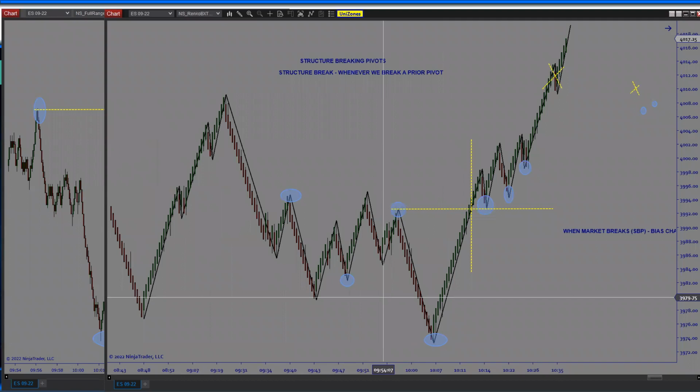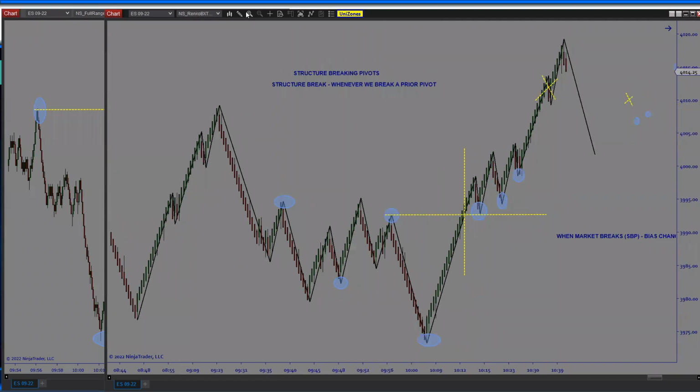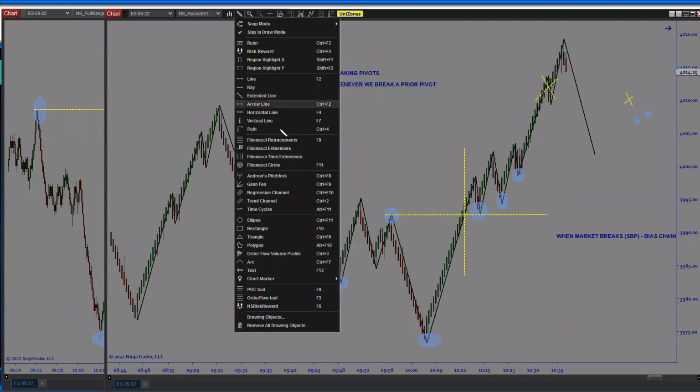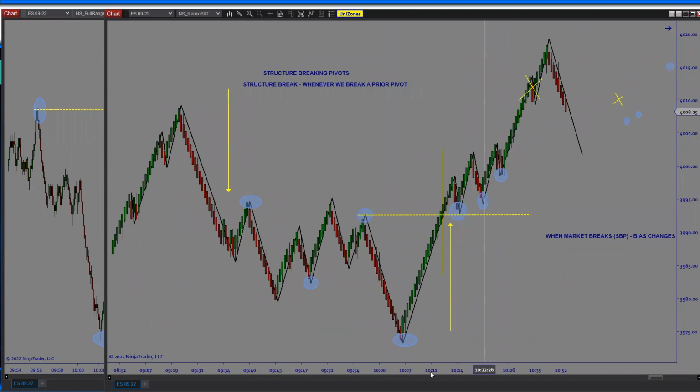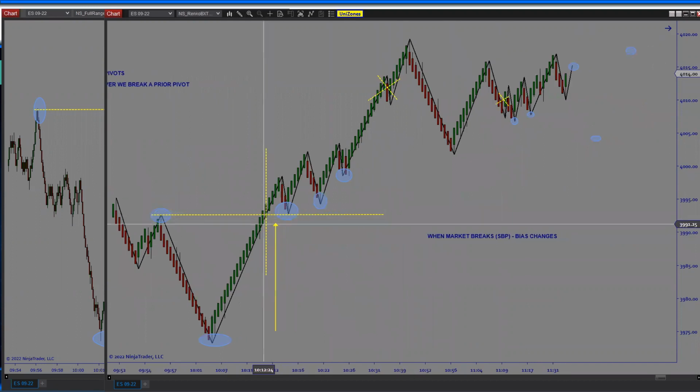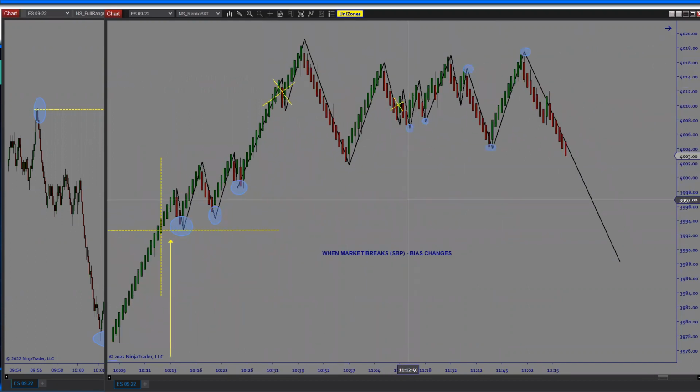So at this point, we are down. I'm going to draw an arrow because we're making lower lows. We change to an upward bias when we break through a structure breaking pivot, and that happens right here. At that point, that's when we shift to looking for longs, and notice how the market continues to trend for quite a while.